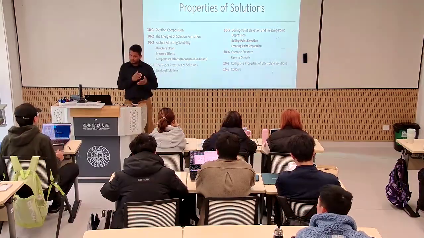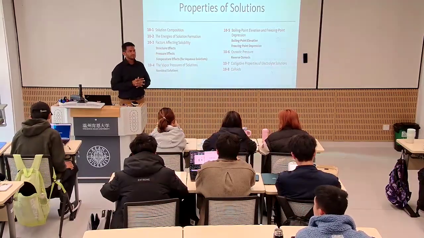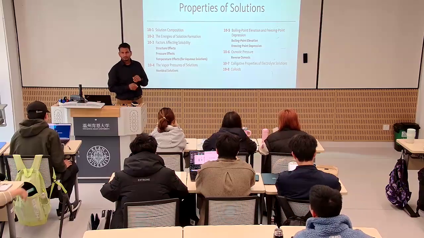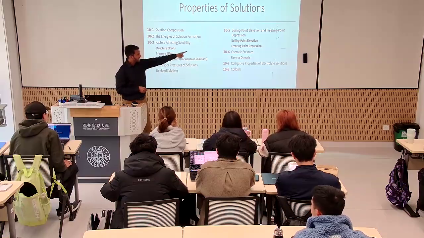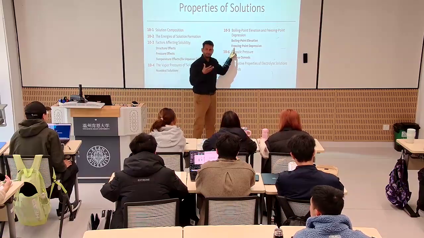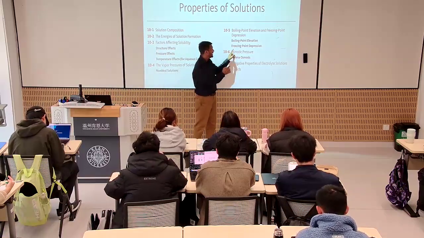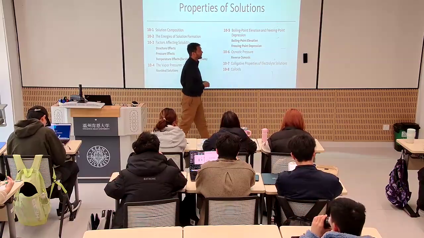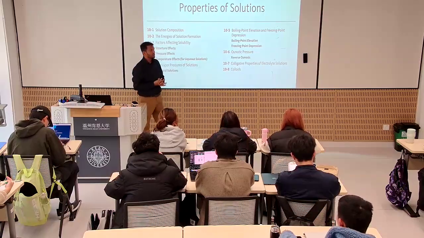You are very familiar with this term because it is related to your lab. The first lab is actually you measure the molecular mass of an unknown sample by using this property, depression in freezing point.